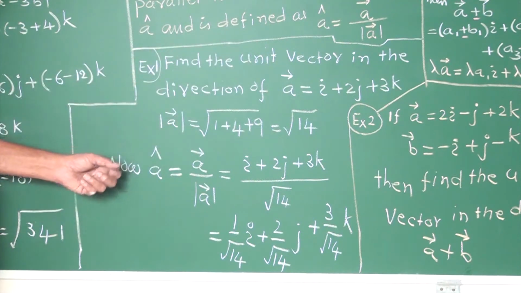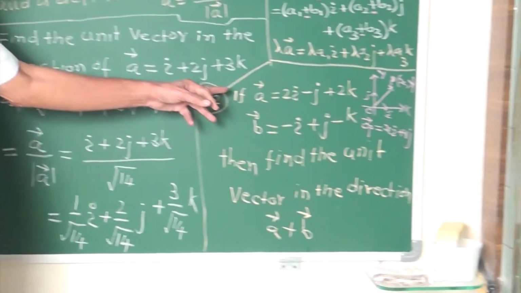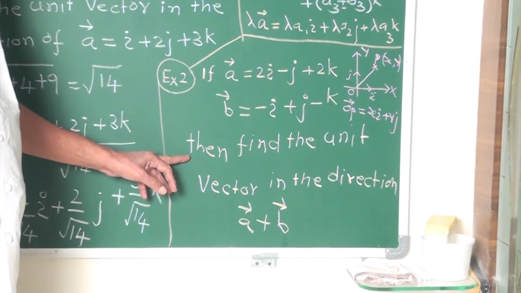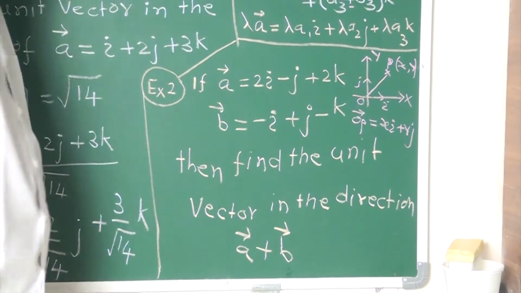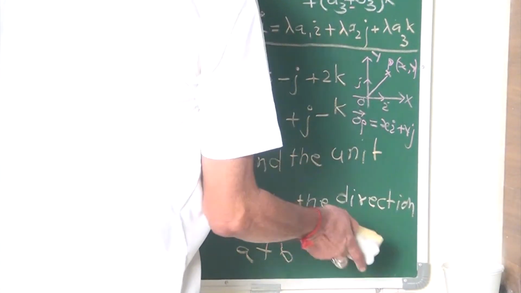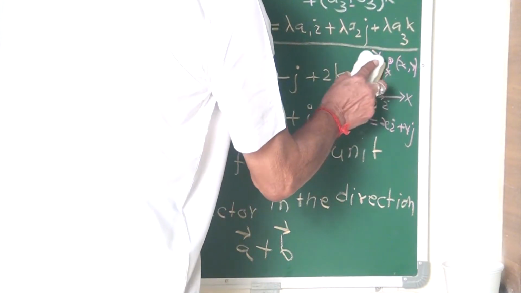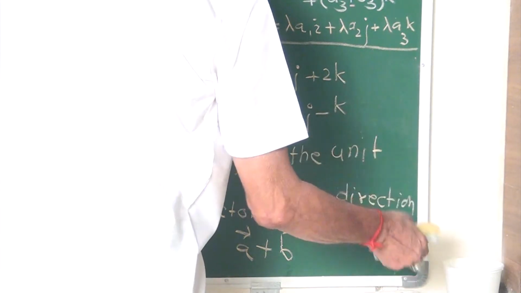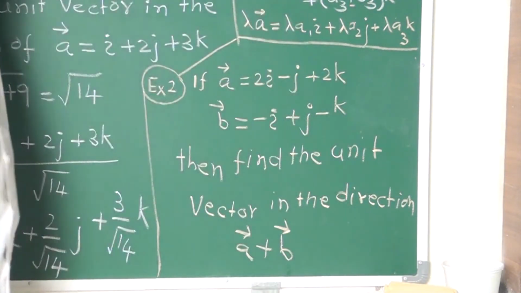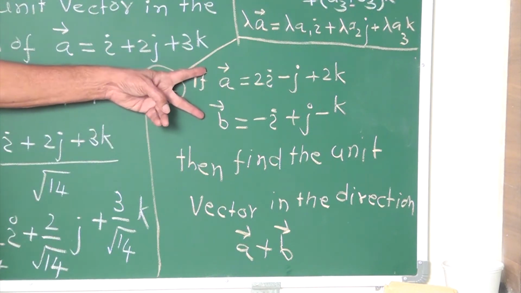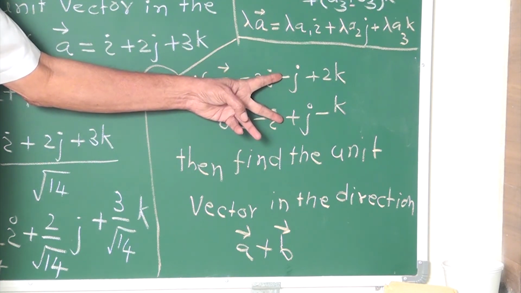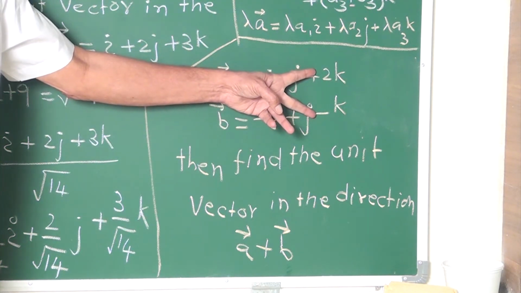One more example. If A equal to this and B equal to this, then find the unit vector in the direction of A plus B. Just go to find A plus B. Add them, plus i, add them, 0j, add them, plus k.